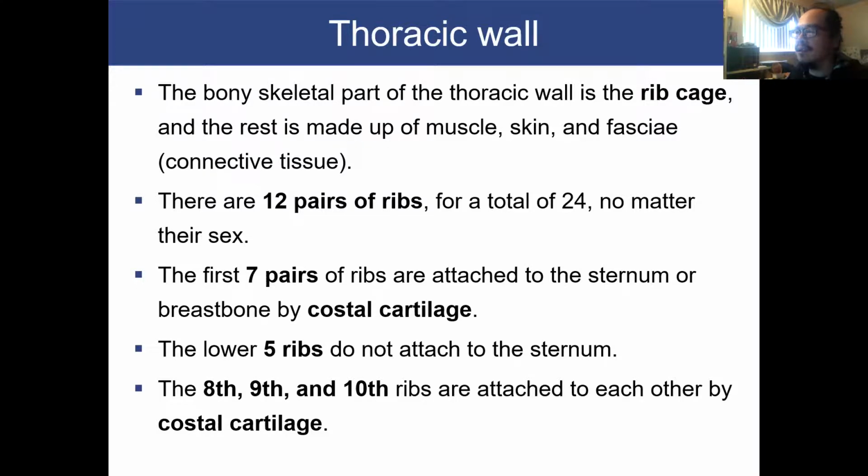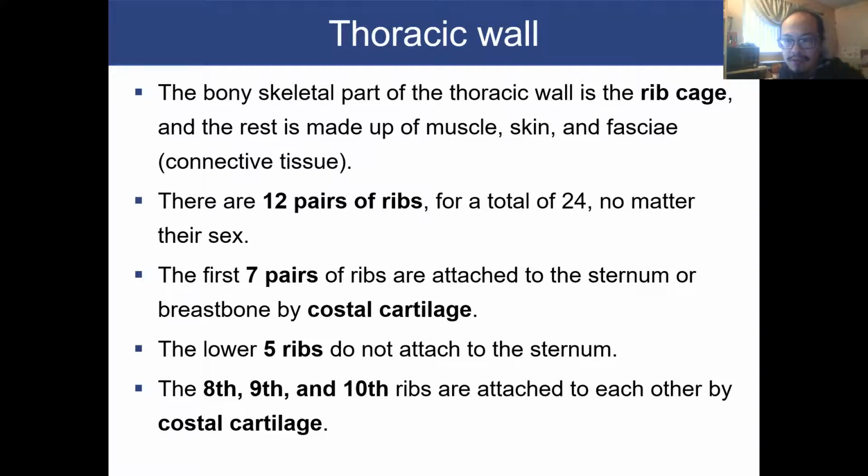So this thoracic wall, the major part are these 12 pairs of ribs. These ribs also form this rib cage. It is important to know that of these 12, only 10 have a closure in the front.